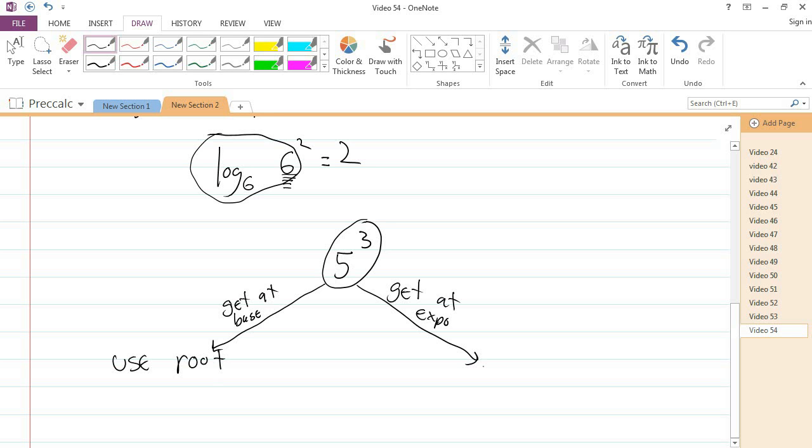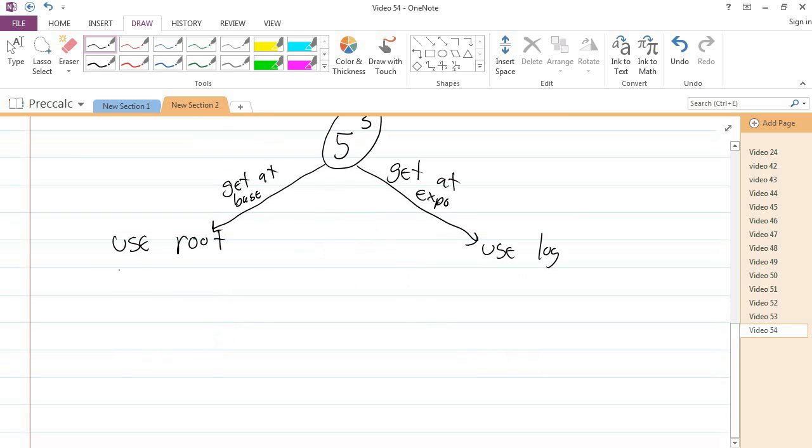then I use a logarithm with the same base as the exponential. And this is important because which of these you use depends on where the variable is. I would use a root in the event that the variable was the base and I knew the exponent.